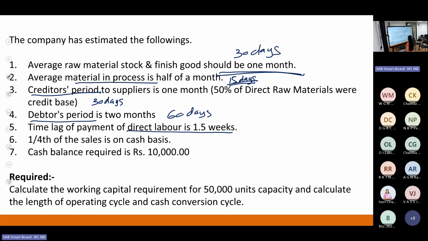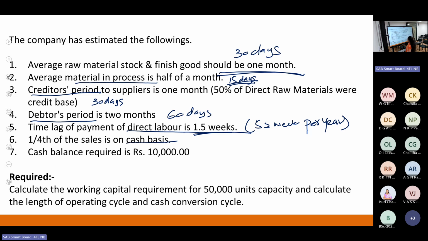Direct labor, 1.5 weeks, and we know there are 52 weeks per year. So you have to convert this: the base should not be 365, but weeks, 52 weeks per year. Sales, 1/4 is cash.